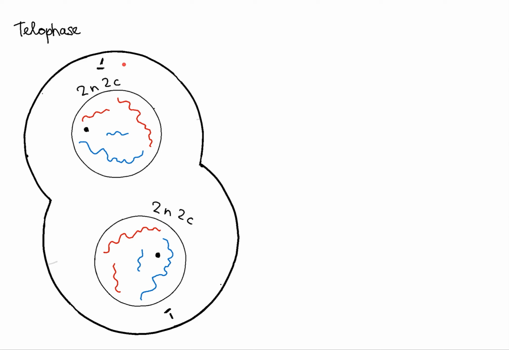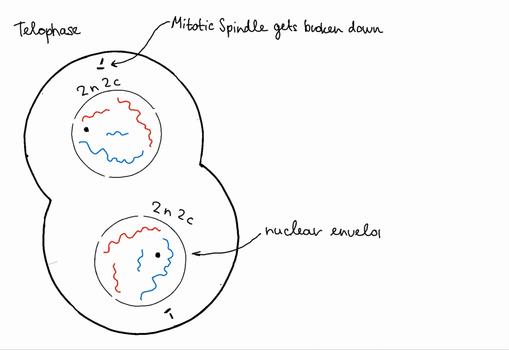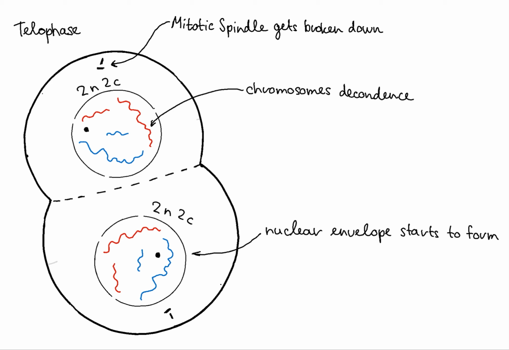In this phase, both of the cells start to re-establish their initial form. Each of them forms a nuclear envelope around the chromosomes, the spindle disappears, and chromosomes start to decondense, so they return into a thread-like form. At the end of the telophase, cells are finally divided in the process called cytokinesis.